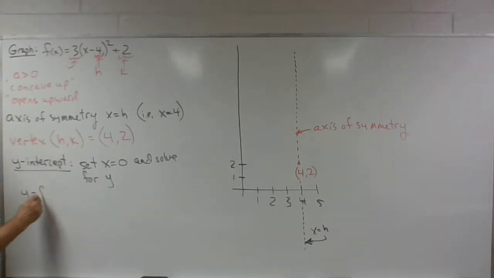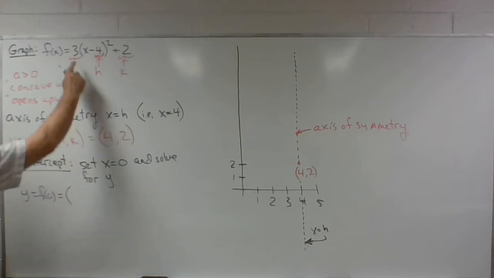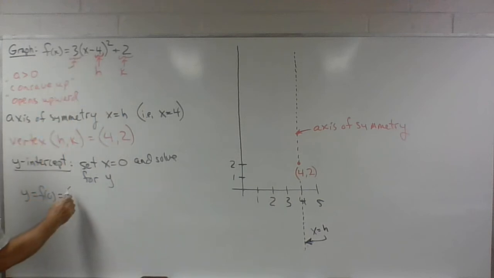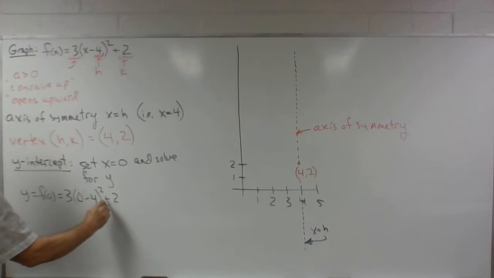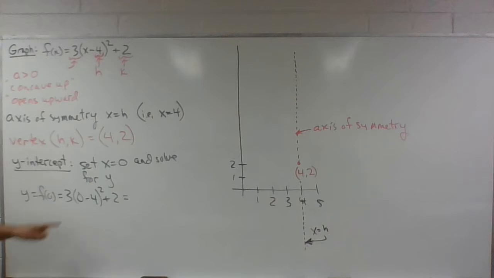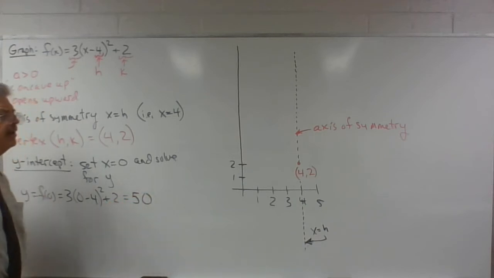So we have y equals f of x, or f evaluated at 0. We set x equal to 0, so we have 3 times 0 minus 4 squared plus 2. Negative 4 squared is 16, times 3 is 48, plus 2 is 50. Yikes.